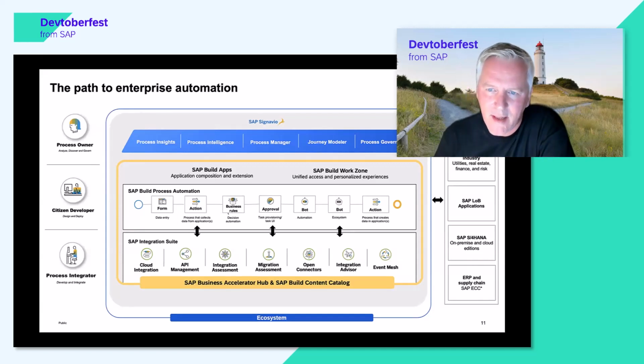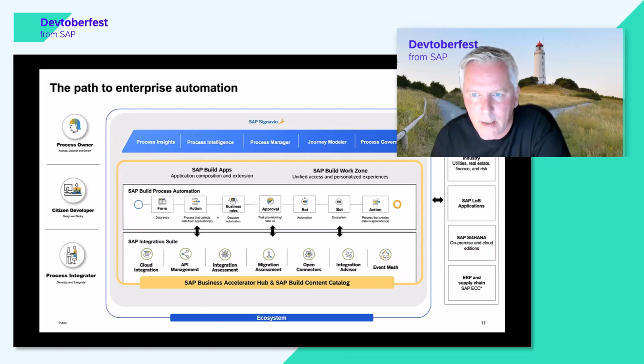And you see the end-to-end picture is very important here, because we can also get recommendations from SAP Signavio, for instance, on process intelligence to see where there is an automation need and how I can do this in an end-to-end process, integrating also with the integration suite capabilities. To show you that and show you a little bit around, I would like to hand over now to Evgeny.